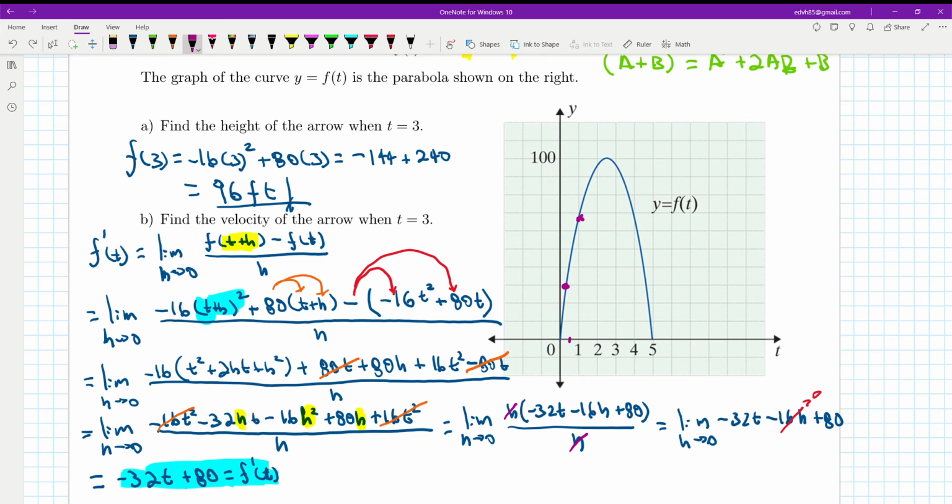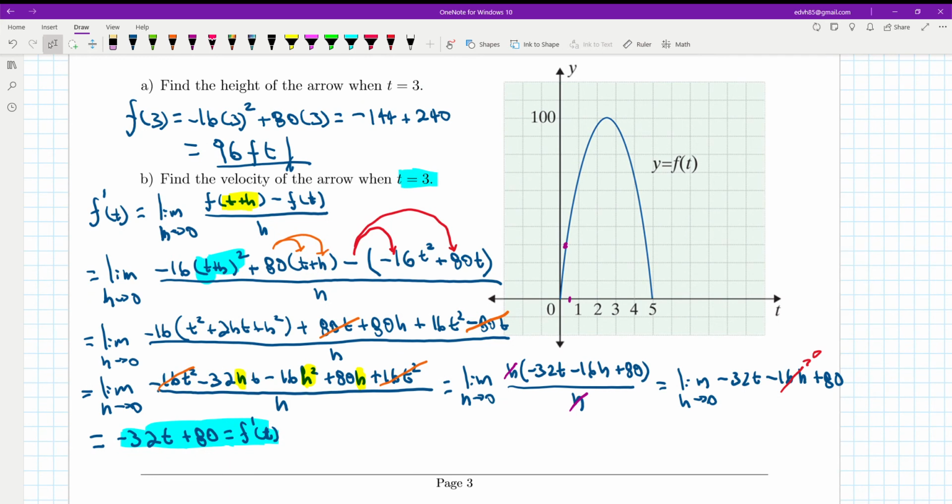All right, and in particular, they're asking us to find the velocity after 3 seconds. So let's see. In this case, we're going to use this expression to evaluate at 3.